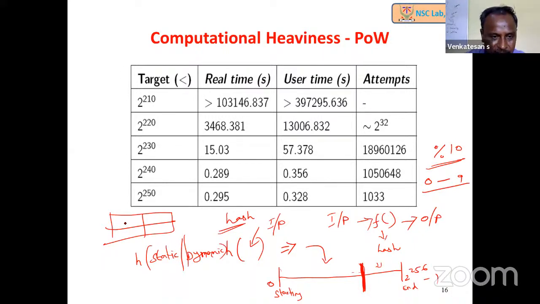In case of static, the attributes present in the header of the block, excluding the nonce, which is going to get updated. Other than those, these will be part of the static. Otherwise, when we are solving the puzzle, we can bring any value and say the puzzle is solved. So we have to make sure that while solving the puzzle, it is also including the block data.